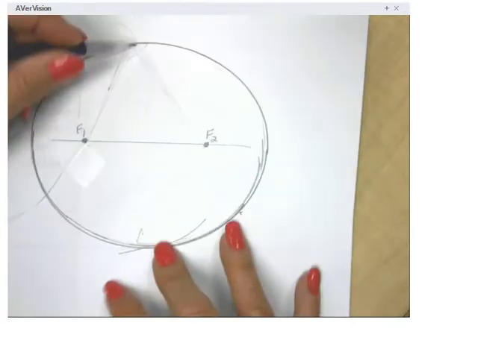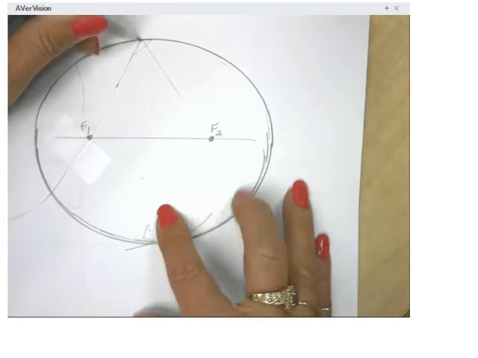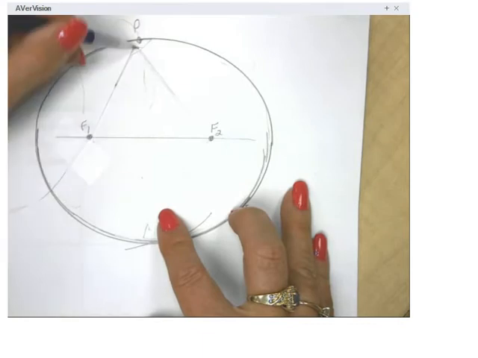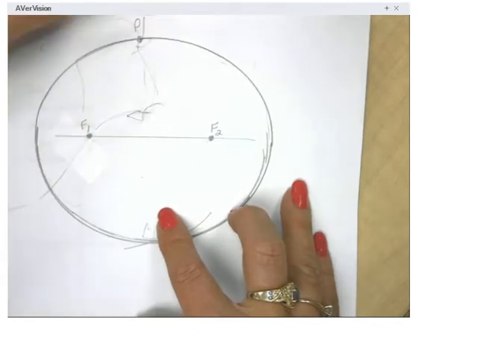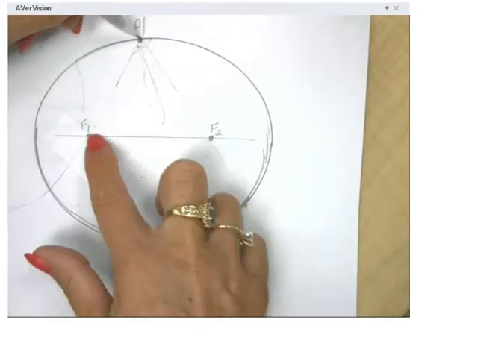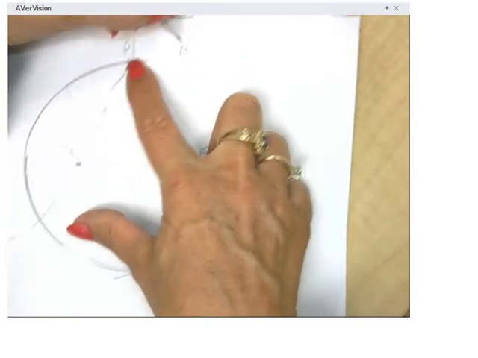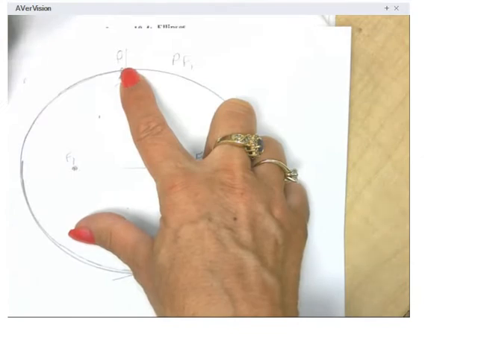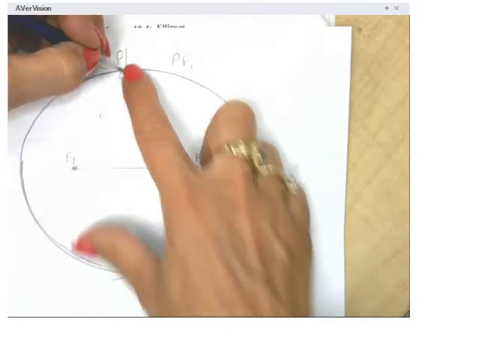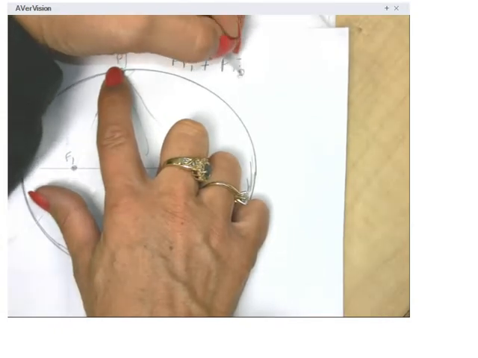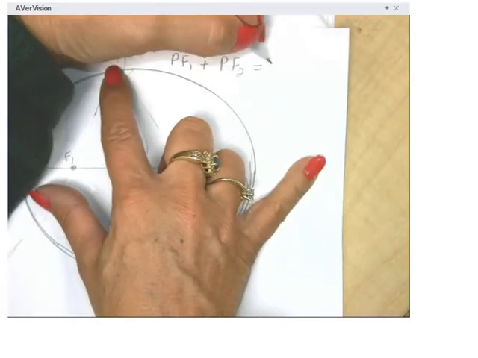Okay, so let's look back up here. If I call that point right there P, see how the distance from the point to the first focal point, plus the point to the second focal point, is going to always equal a constant. It's how long my string is.